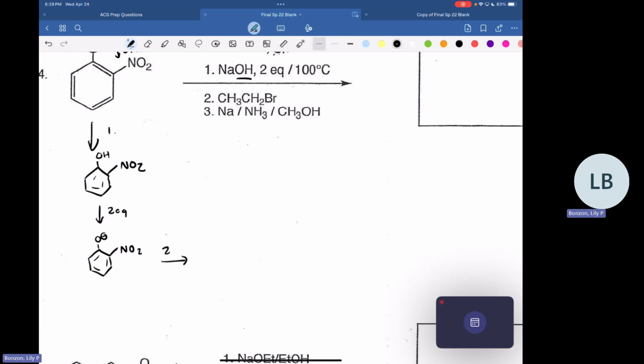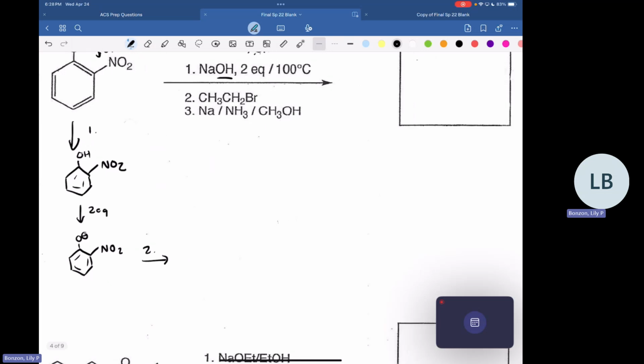Then the second step, we have CH3CH2Br. If you'll remember, an RO-, an alkyl with an O-, and an alkyl halide is going to be the Williamson ether synthesis. So this is just going to attach the alkyl part to the O-, and we're going to get our ether.